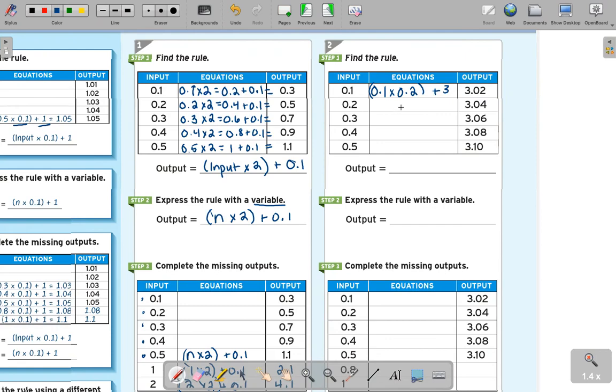Well, I didn't leave myself enough room on this one, so I'm going to have to erase a little bit to see if this is true. So 1/10 times 2/10 would be 2/100, because a tenth times a tenth puts me in the hundredths place, plus 3. 3 plus 2/100 is 3 2/100.